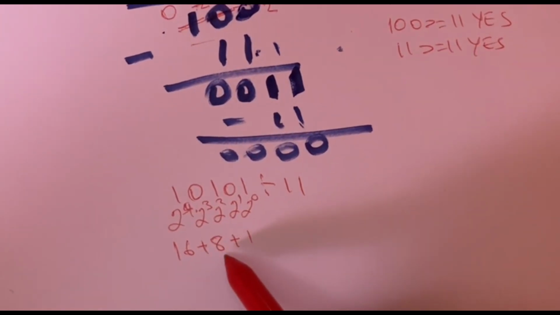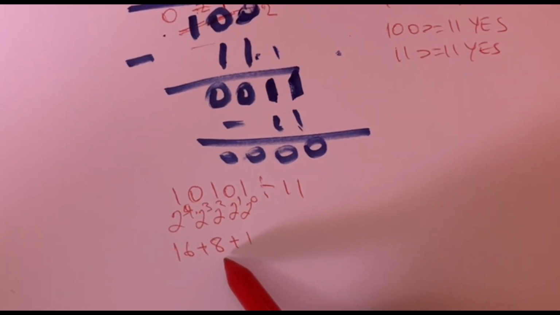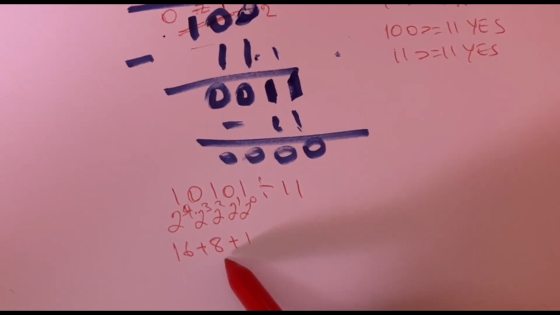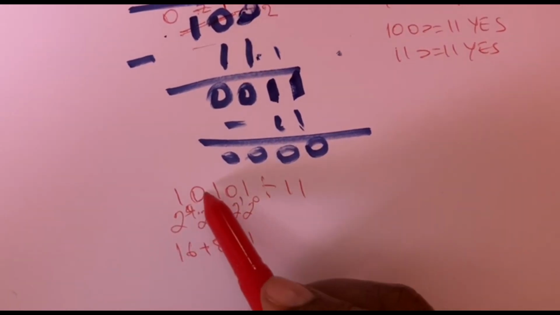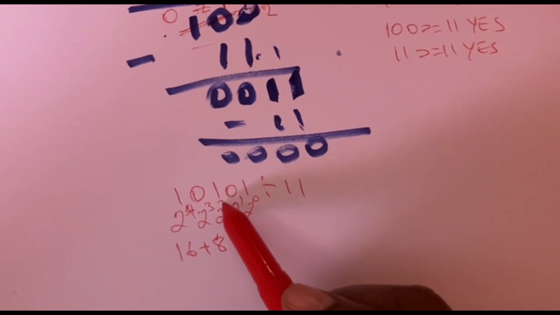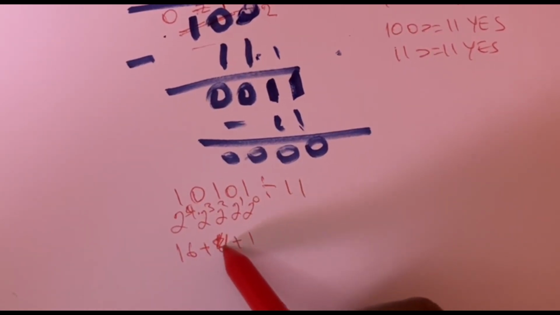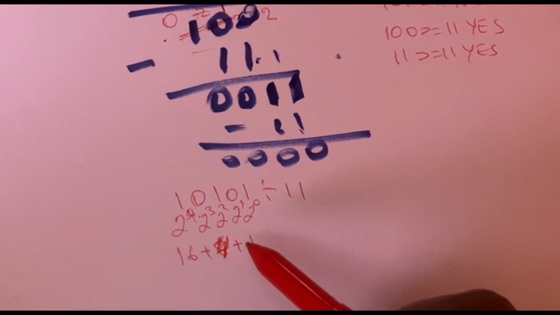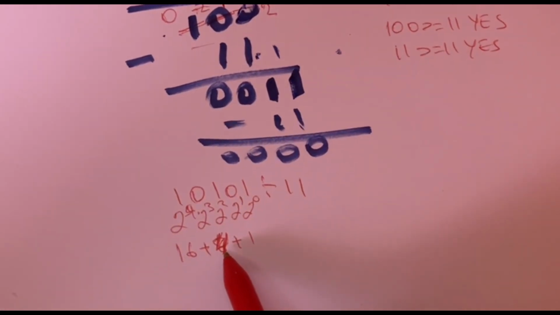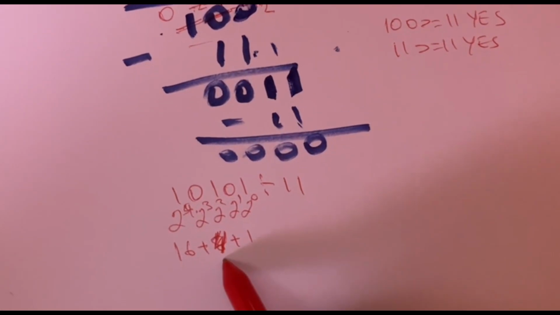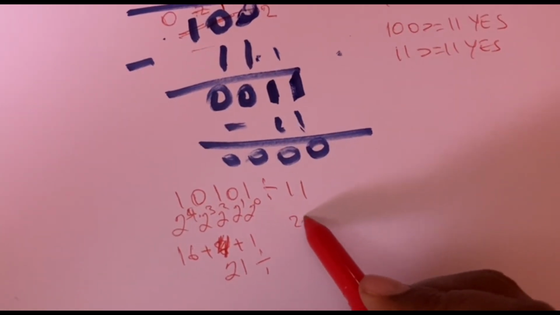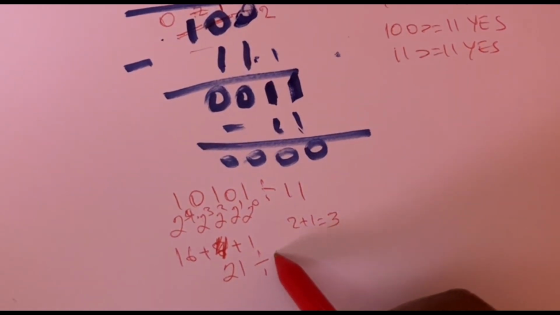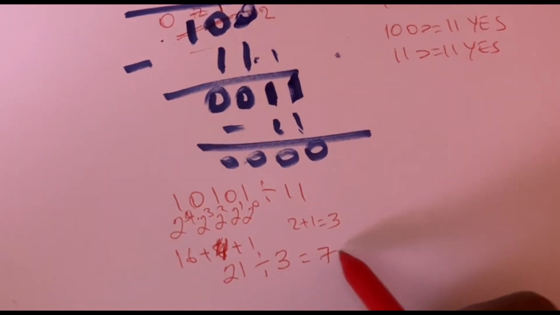So this will be 16 plus 4, so to the power of 3 is ignored now because it is times 0. To the power of 2 times 1 is 4. Sorry about that. So 16 plus 4 is 20 plus 1, 21. Divided by 11, which is 2 plus 1, which is 3. So 21 divided by 3 is 7 times.